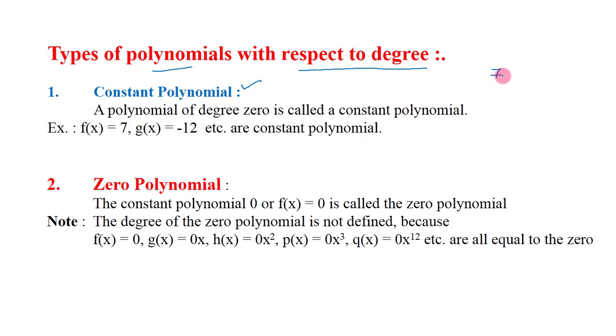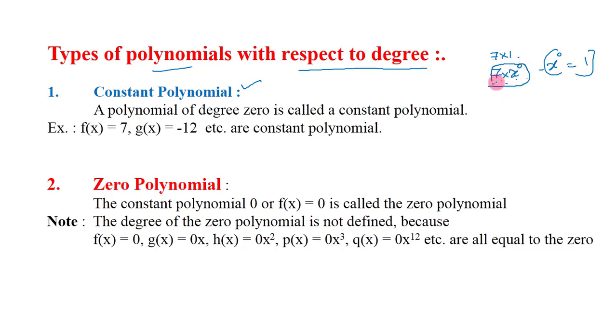Let us take 7. 7 is a number, and there is no variable in this. So we can take 7 into 1. That 1 I write as x to the power of 0, because we know that x to the power of 0 is 1. So every constant number can be written as a product with a variable whose power is 0.